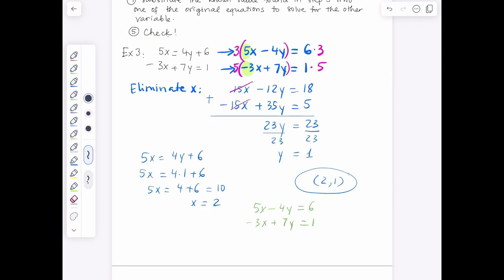If for some reason you decide to eliminate the variable y instead of x, then between -4 and 7, the least common multiple would be 28. So we want one number to be 28 and the other one to be -28. For the first one to be, say, -28, we can multiply both sides of the equation by 7.